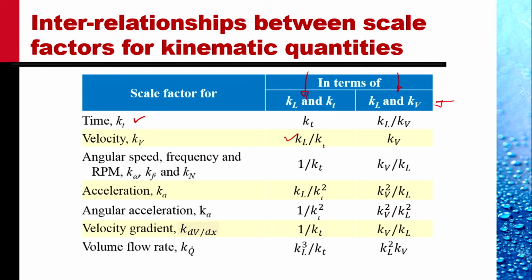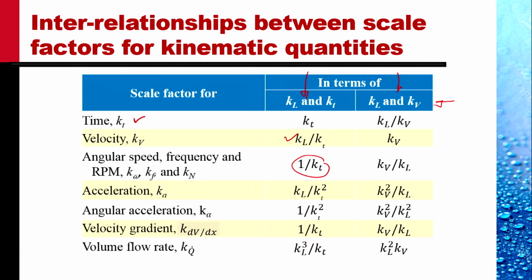Angular speed, frequency, RPM, the scale factors for these quantities, K omega, Kf, and Kn, would be 1 over Kt per unit time. And this would be Kv by Kl in the second formulation.